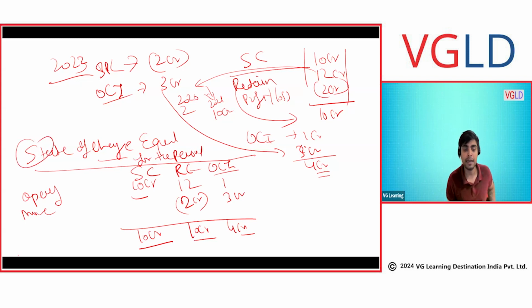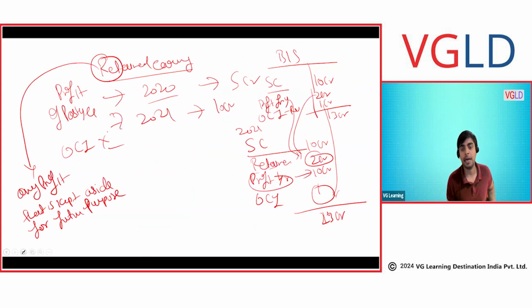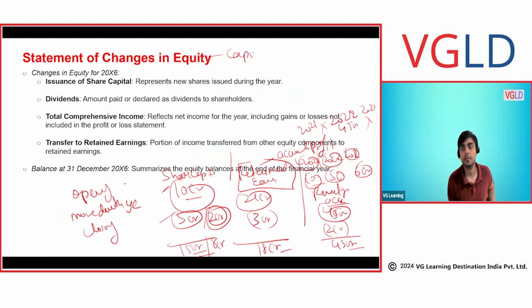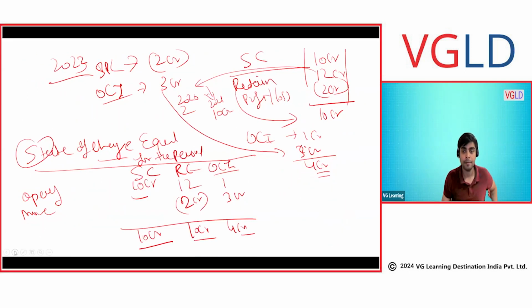If you look at it again, this is nothing, just your capital account. Clear, everyone? Retained earning is just a reserve, reserves of past profits. Ankit, clear? Share capital here, if you make the total, 10, 10, 4, your total is 24 crore.